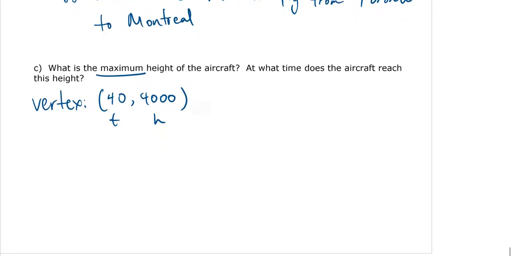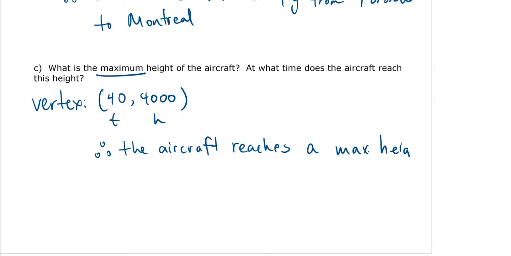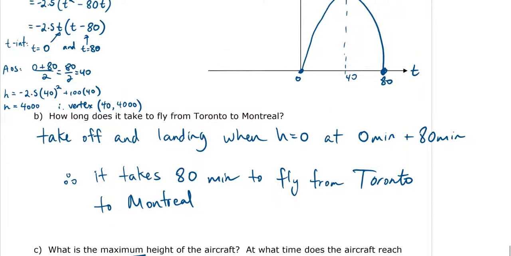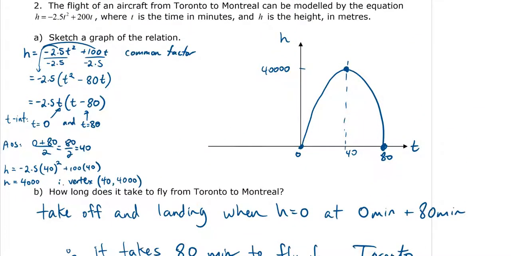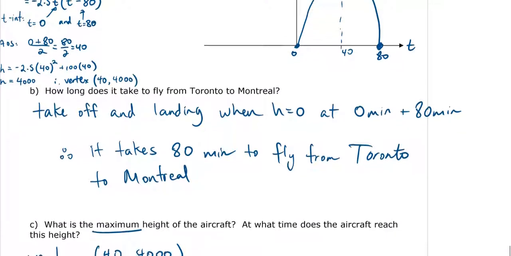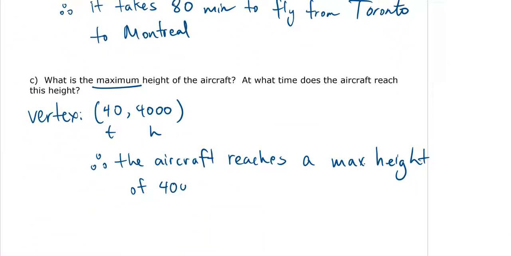And so we could say the aircraft reaches a maximum height of 4,000. Oh, I made a mistake up here. It's not 40,000, it's 4,000 meters. So I just correct the graph there, 4,000. So the aircraft reaches a height of 4,000 meters at 40 minutes into the flight.